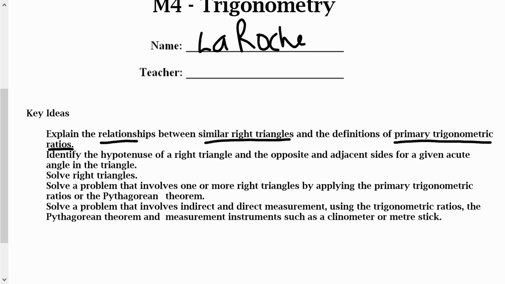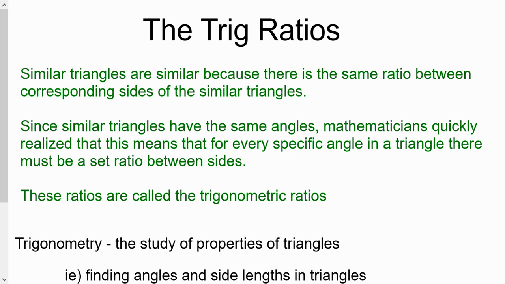We're going to talk about finding the hypotenuse, giving a couple of other sides, and solving some problems using these ratios, as well as some of that foundation knowledge we already have, like the Pythagorean theorem, and then possibly involving some indirect and direct measurement. So let's start with that new topic, that new idea of the trigonometric ratios.